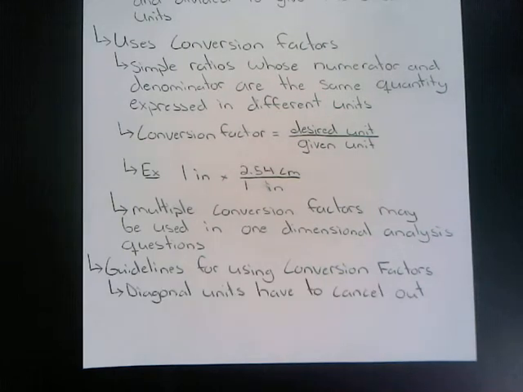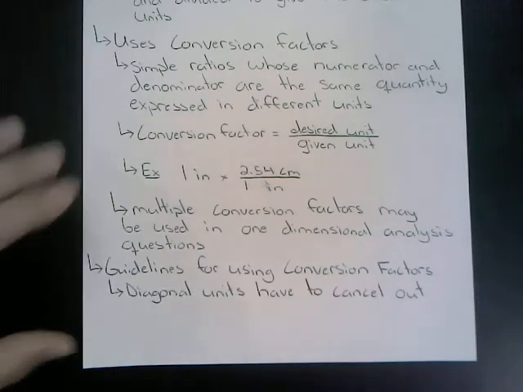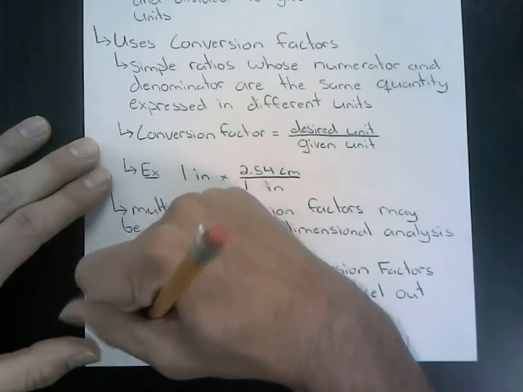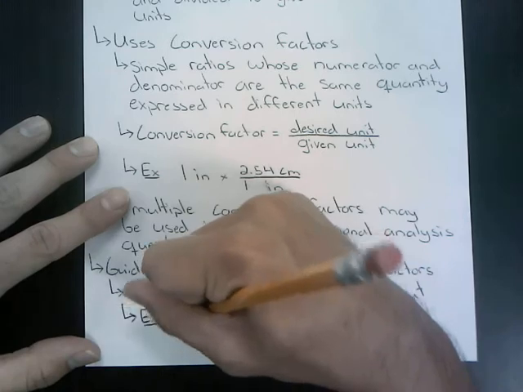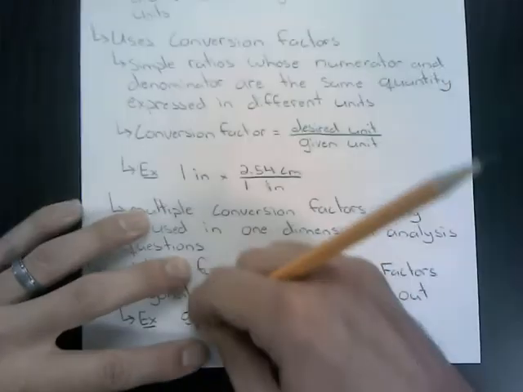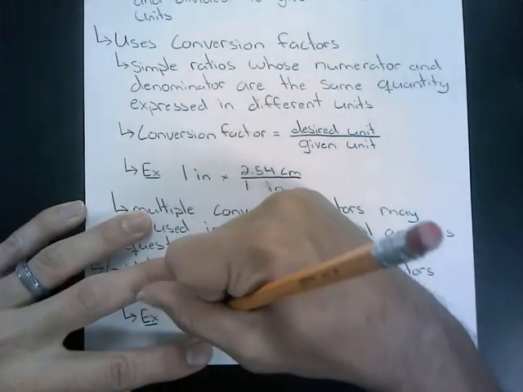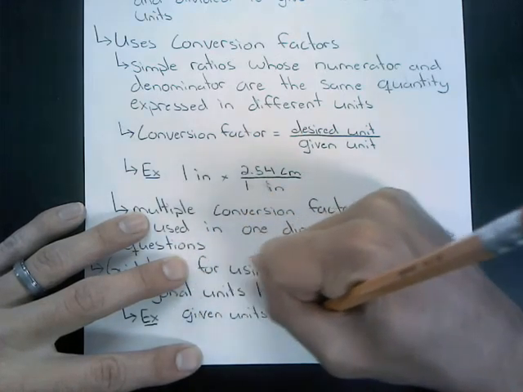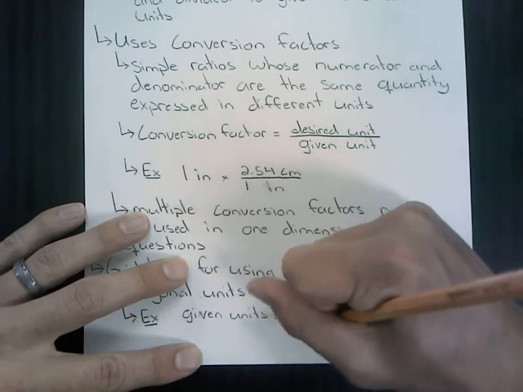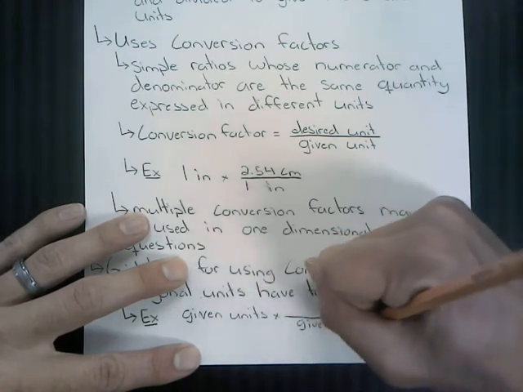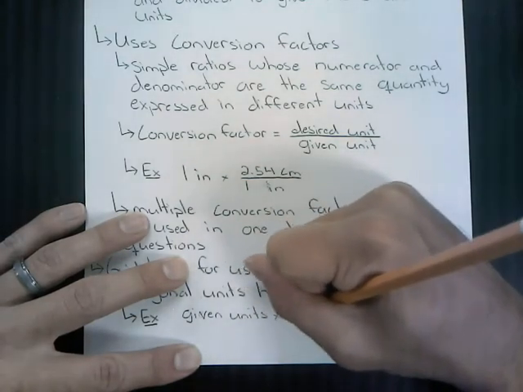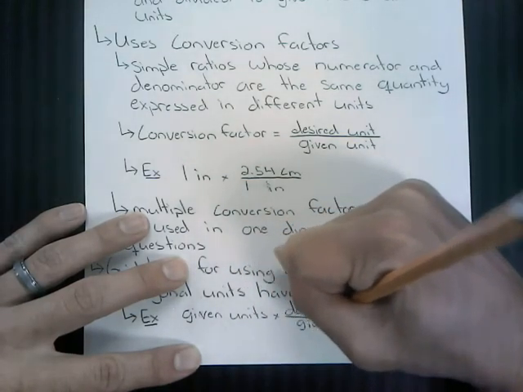To express this in a generalized example, our given units have to cancel diagonally. So when we set up that conversion factor, we have the given units on the diagonal portion and then the desired units on top.